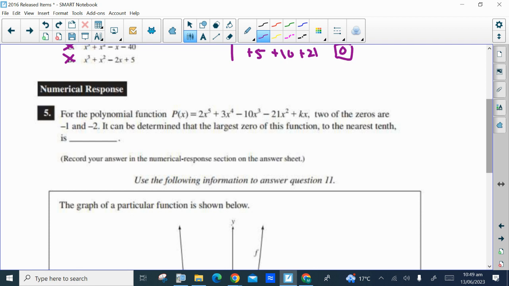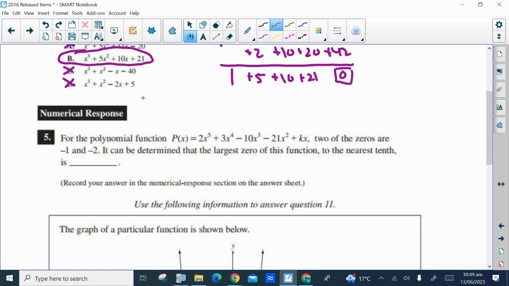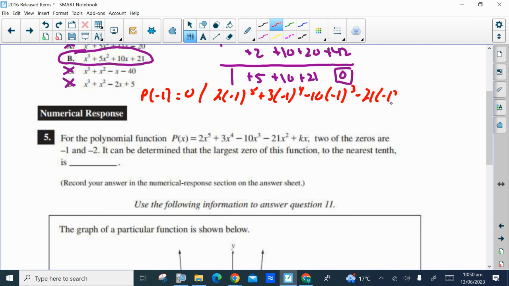That's the remainder theorem. So if we say that p at negative 1 equals 0, we can write an equation letting x equal negative 1 and the whole thing equals 0. So that's what we're going to do here. I'll have 2 times negative 1 to the 5th plus 3 times negative 1 to the 4th minus 10 times negative 1 cubed minus 21 times negative 1 squared plus k times negative 1 equals 0.